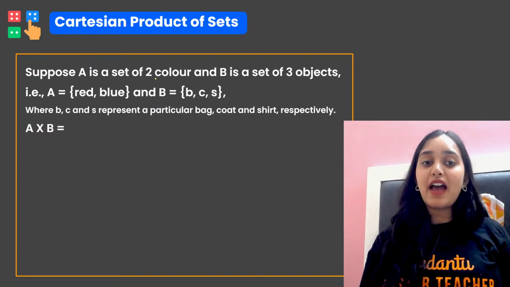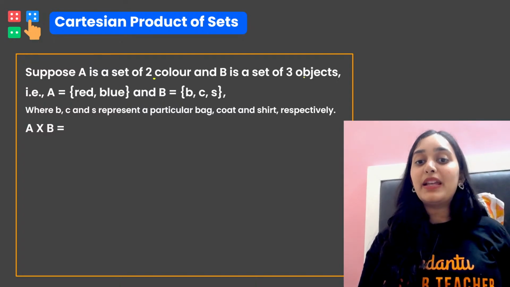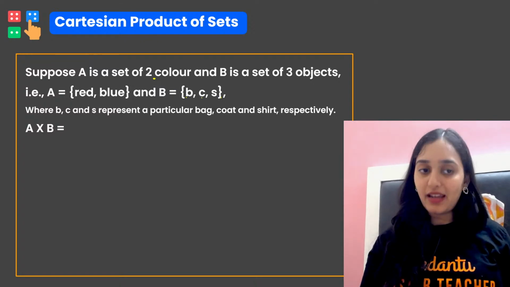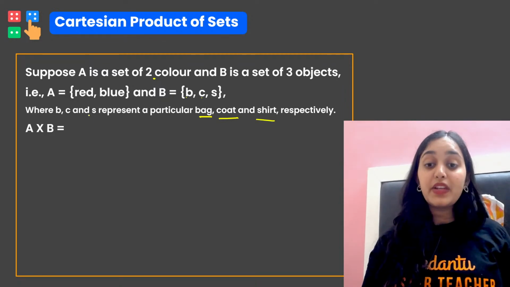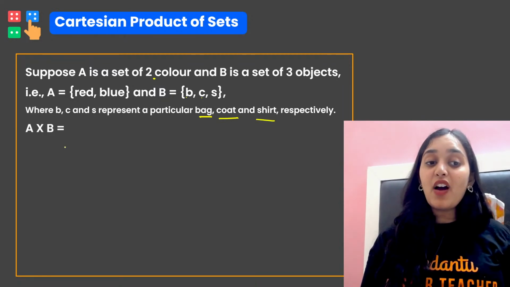Suppose set A has two colors, red and blue. Set B has three objects, B, C and S, where B represents bag, C represents coat, S represents shirt. So, A cross B will be what?